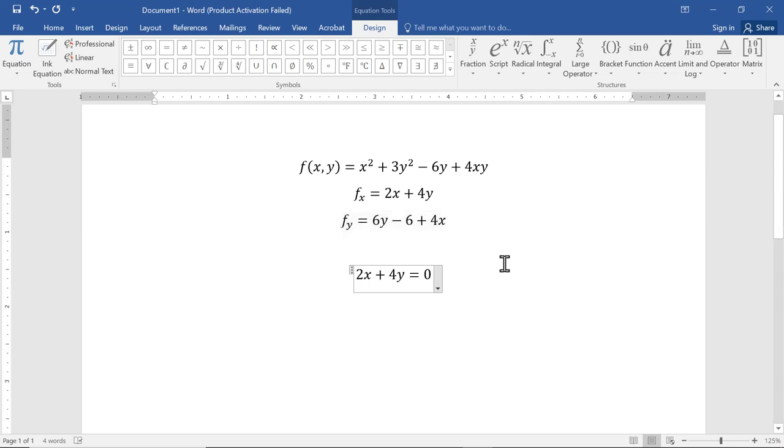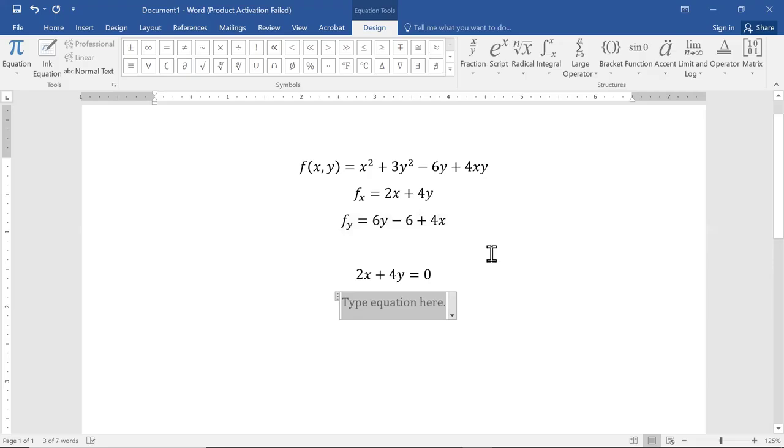So the function is going to be defined no matter what you plug in for both your f sub x and f sub y. So the only way we can get a critical point is if both f sub x and f sub y are 0. Now in this case, if I set f sub x equals 0, I get 2x plus 4y equals 0. If I set f sub y equals 0, I get 6y minus 6 plus 4x equals 0.